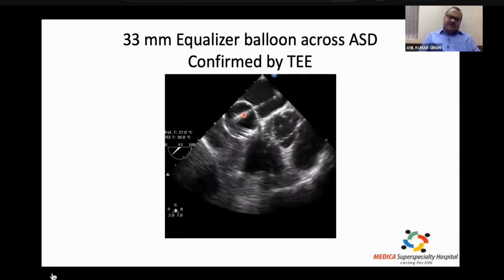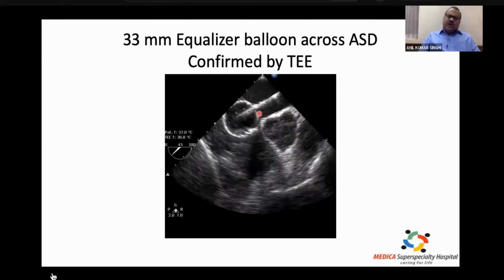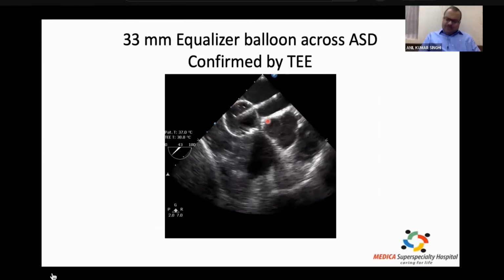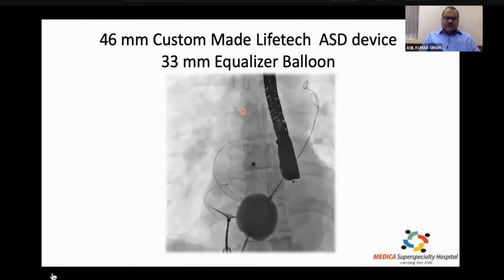Here again, transesophageal echocardiogram was key, because we wish to have this balloon in position. Unless we confirm the position of the balloon in the right place, we cannot deploy the device. So this is a 46 millimeter custom-made ASD device from LifeTech, balloon assisted and nicely sitting or getting deployed.